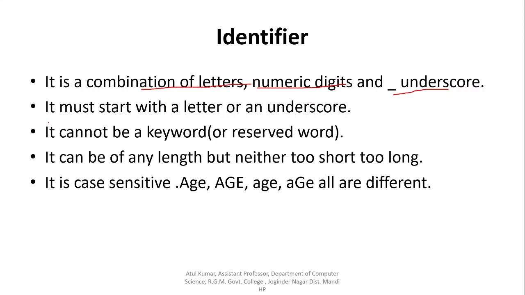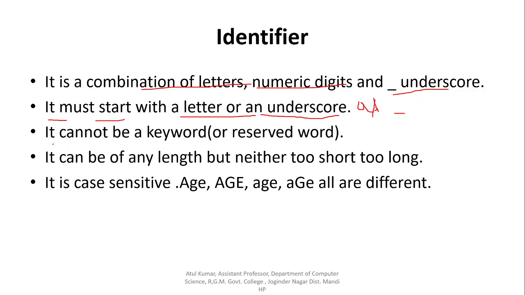The next rule is that it must start with a letter or an underscore. A letter may be lowercase or uppercase, like a is a letter, or you can also use a capital A. An identifier can also start with the special symbol underscore, which you can find on your keyboard.